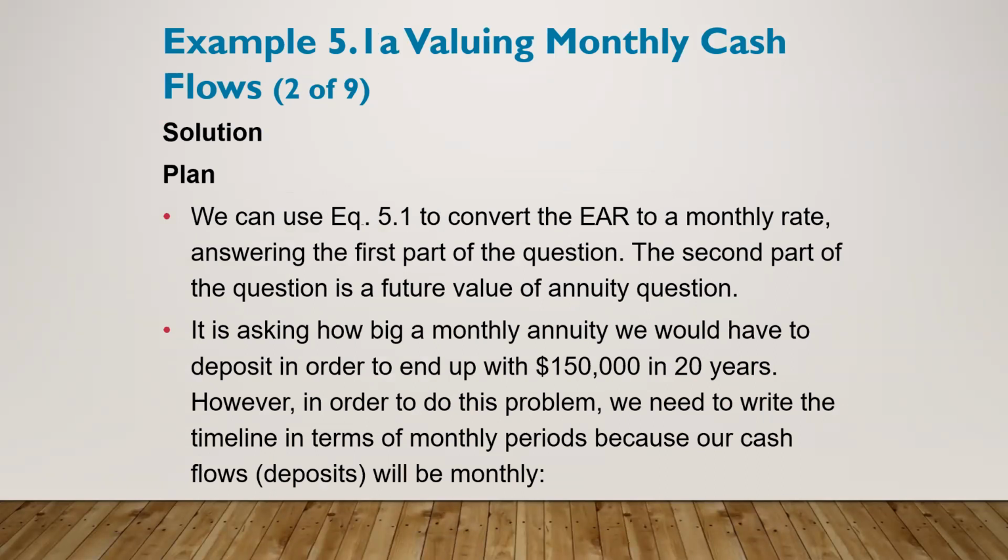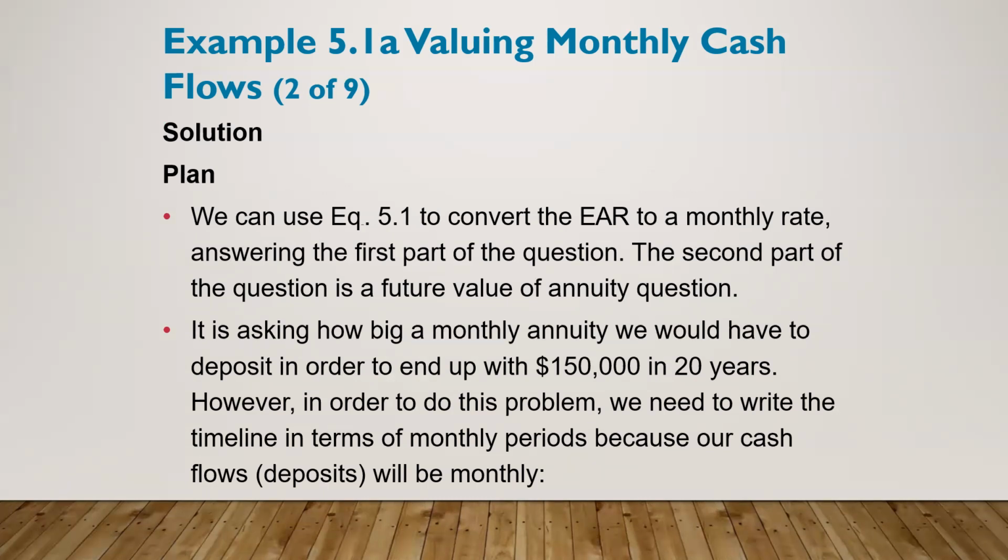Here's the plan. We can use equation 5.1 to convert the EAR to a monthly rate, answering the first part of the question. The second part of the question is a future value of annuity question.